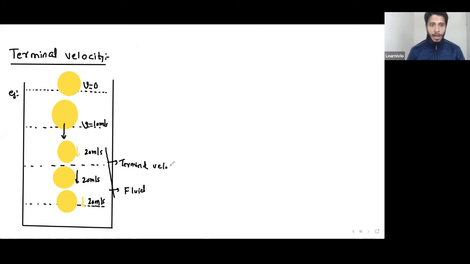And this is what happens with a raindrop in air. When the raindrop drops from the cloud, its initial velocity is zero. Now, as it keeps on falling, its velocity increases, then its velocity attains a constant value, and the raindrop falls with that constant velocity. That constant velocity is known as terminal velocity.